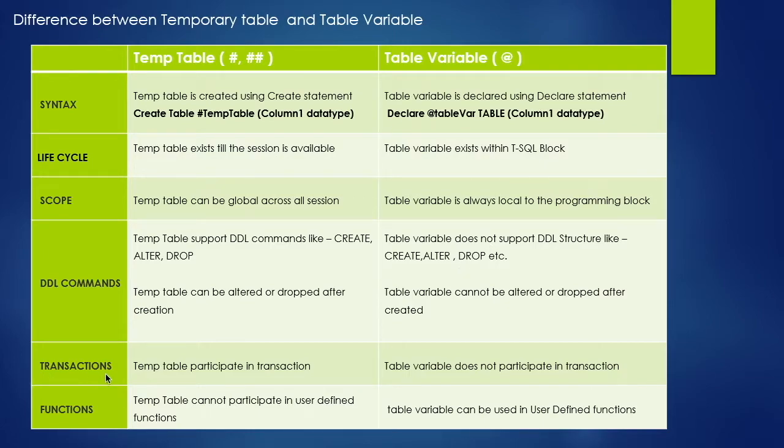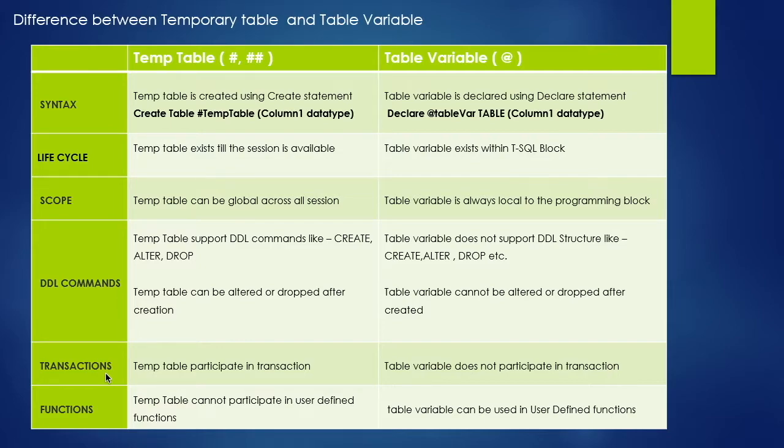Now let's talk about transactions. A temporary table participates in transactions, but a table variable does not. If I explain the transaction, it is a sequence of operations performed on a database as a single unit of work. It means if we run some SQL statements within a transaction, the effect of all the SQL statements within the transaction should either be committed or rolled back.